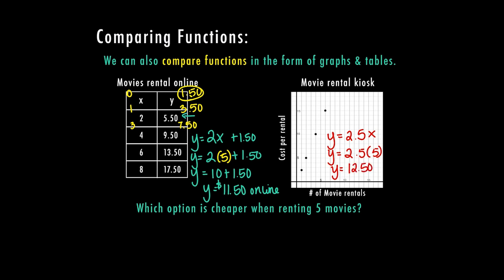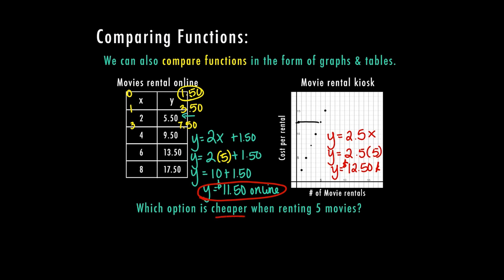The other thing I could do is I could plot the points in between on my graph here, and I know that if it's $2.50 for each one, this next one would be at $7.50. 4 movies is at $10, so that means that 5 movies would be right here, and if I went across, I would be right between 10 and 15, which is $12.50. So this is your kiosk option, so that means the cheaper option is going to be y equals $11.50, so the $11.50 for the online price is cheaper.